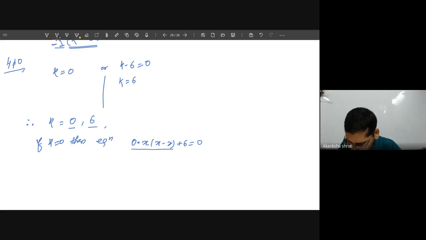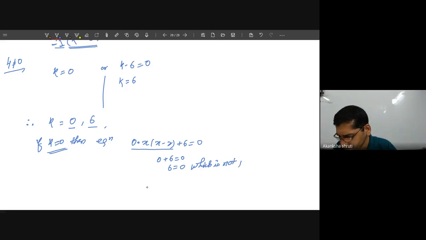0 multiplied by anything, all this term becomes 0, which means 6 equals 0. Is it possible? It is not possible. This wrong thing arises because of our choice that k is taken as 0, which is not possible. So because of this condition, this k cannot be taken as 0.